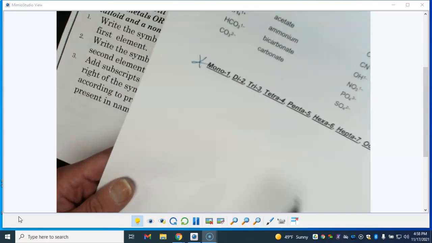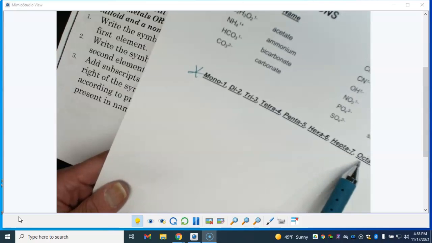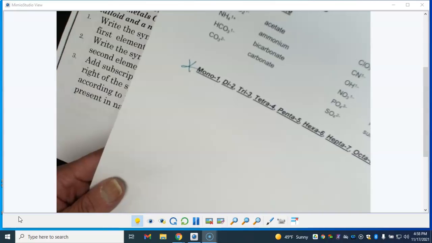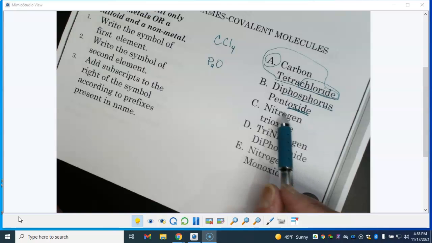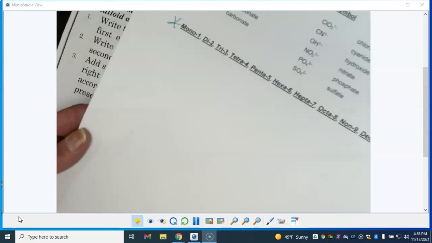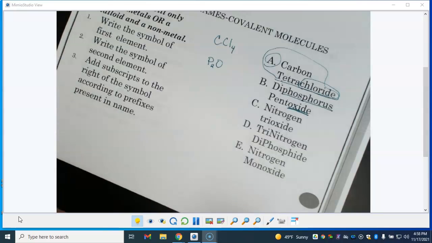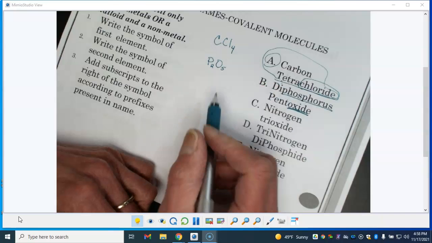So anytime penta or tetra or hepta or octa is paired up with oxygen, we always drop the A. And so instead of it being pentaoxide, it's pentoxide. But my prefix pent or penta means 5. So this is 5 oxygen, P2O5.